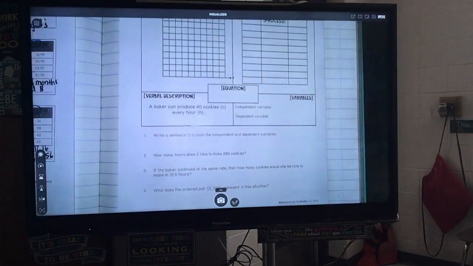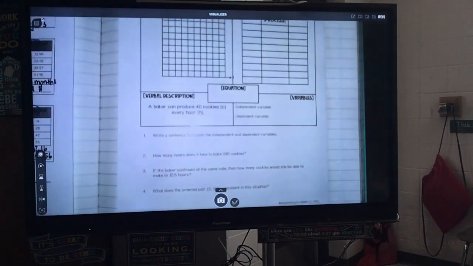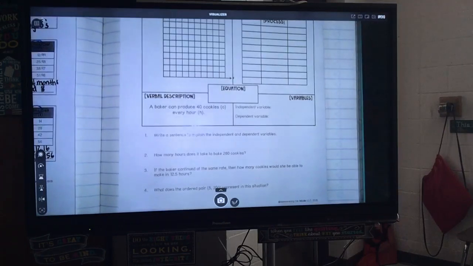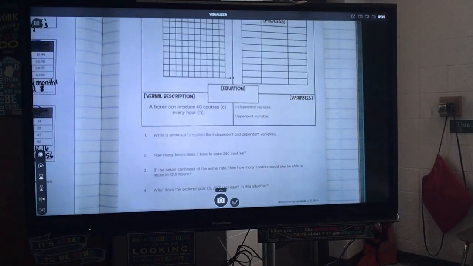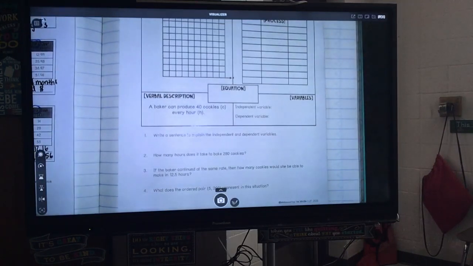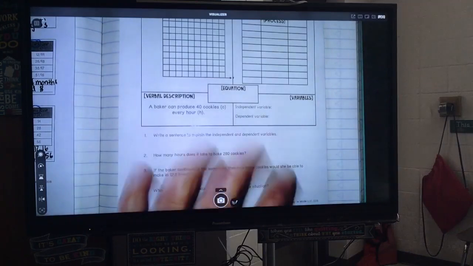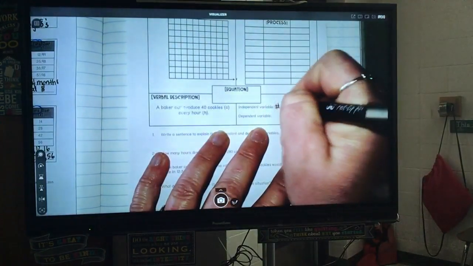It says, a baker can produce 40 cookies, C, every hour. So what is our independent, what is our dependent? That's what we've got to figure out. What is the independent in that scenario? Noah? You said hours? Okay, so number of hours.